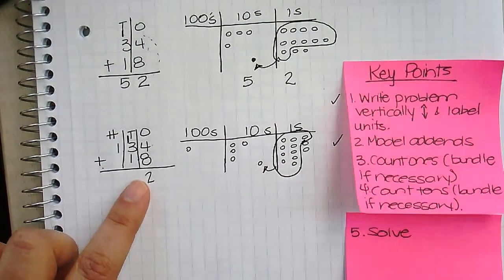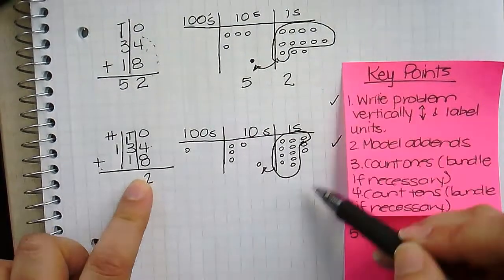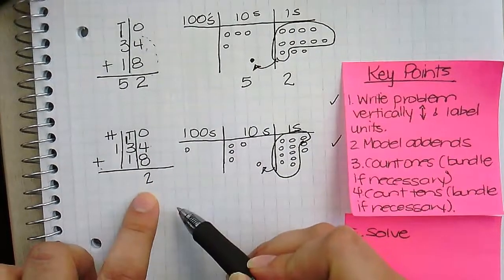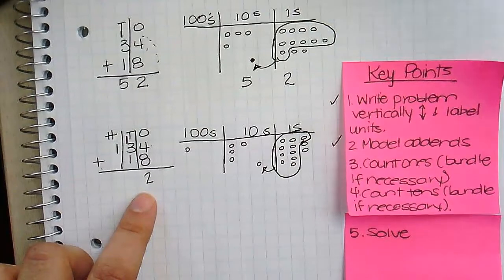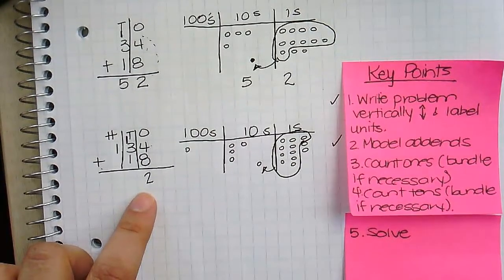I'm going to give you 30 seconds to do all that. Bundle the tens. Rename the 12 into 2 ones and 1 ten. Your time starts now. Go.